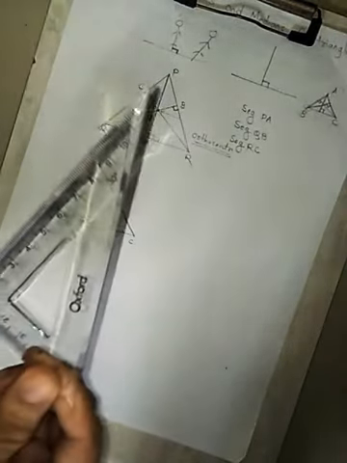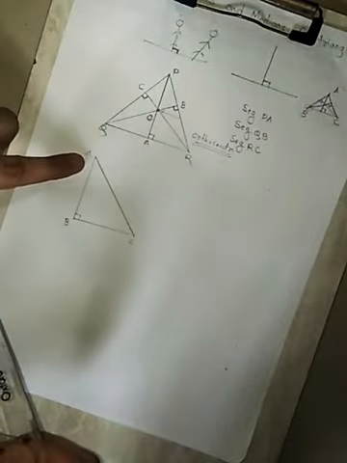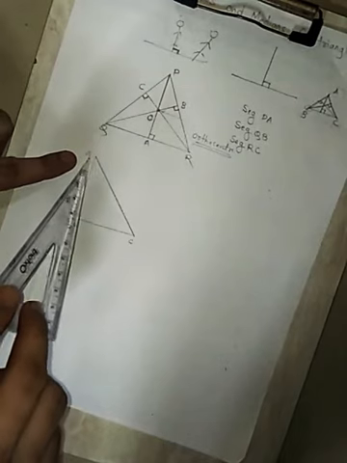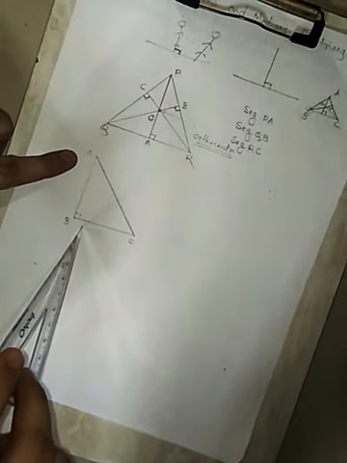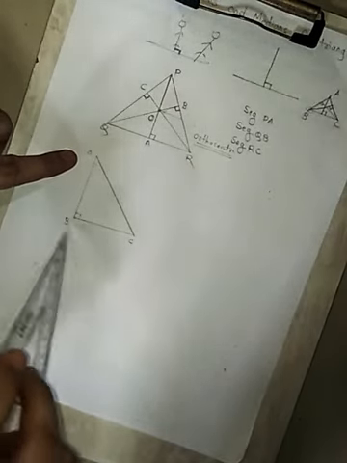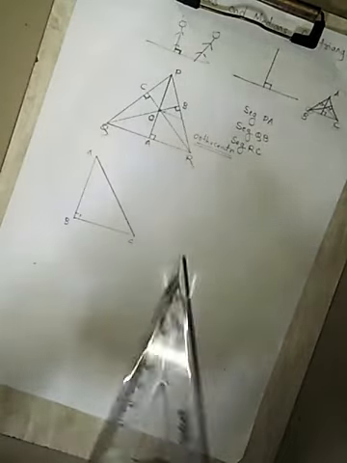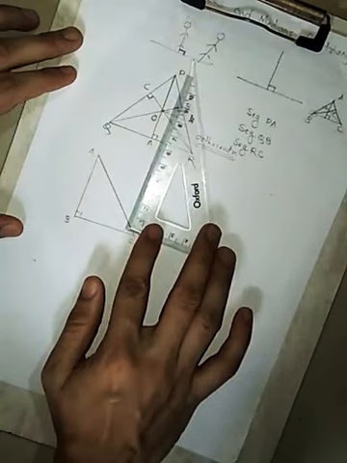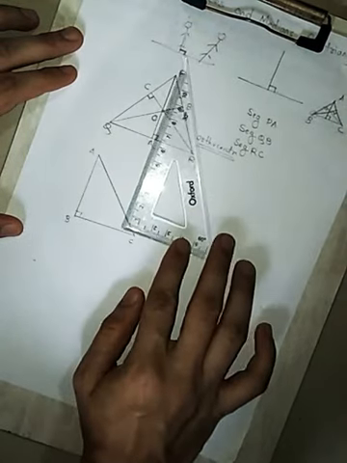Take a set square. Now let me choose point A first. For point A, the opposite side of the triangle is the segment BC. So I need to draw the altitude from point A. I need to keep my set square like this.